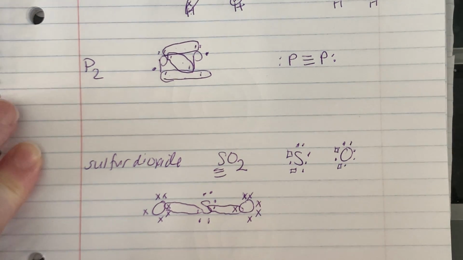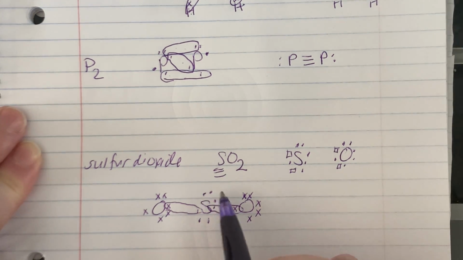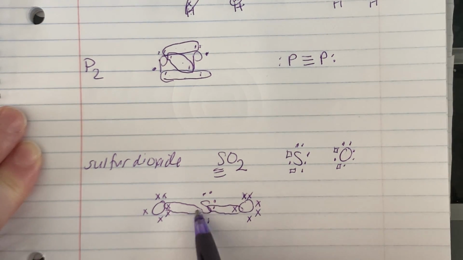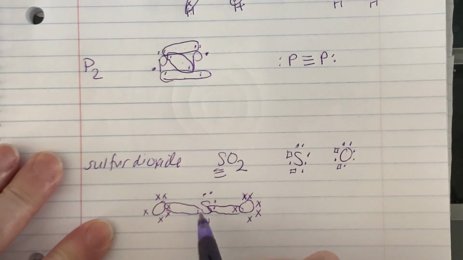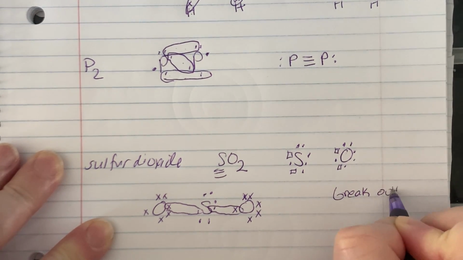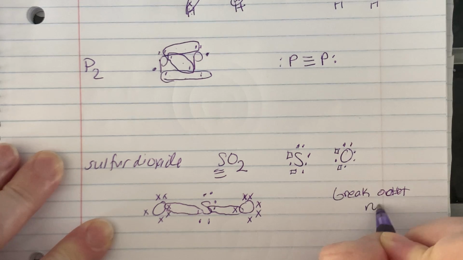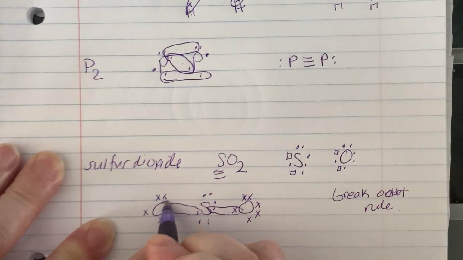And then I check and see, are they happy? 2, 4, 5, 6, 7. Nope. 2, 3, 4, 5, 6, 7, 8, 9. Oh, this guy's all mixed up, huh? So this guy, sulfur, is actually going to break the octet rule. Okay, because I want to make those oxygens happy.